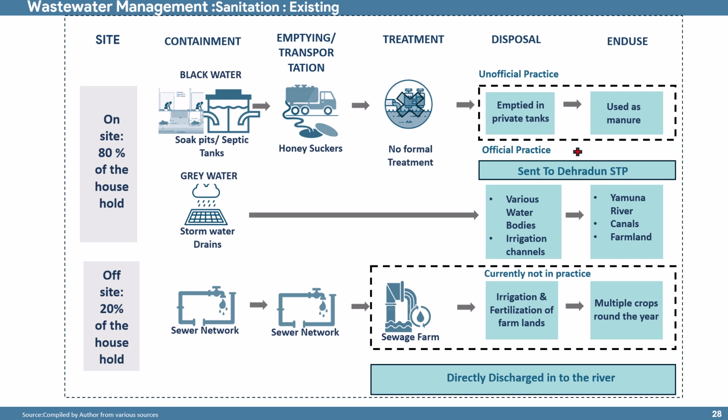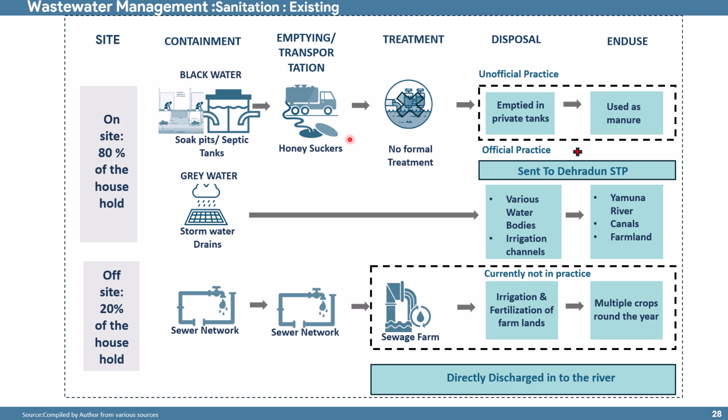So, to summarize, this is the management of the entire sanitation of the city. On-site sanitation is almost 80%, where the black water from the soak pits or septic tanks is emptied by honeysuckers, private or public.